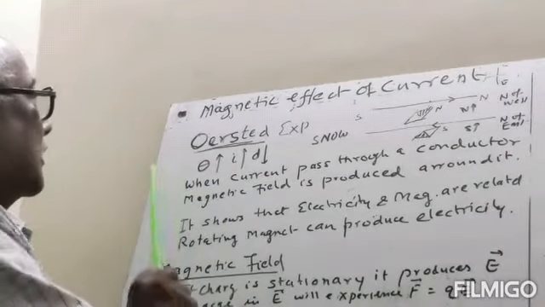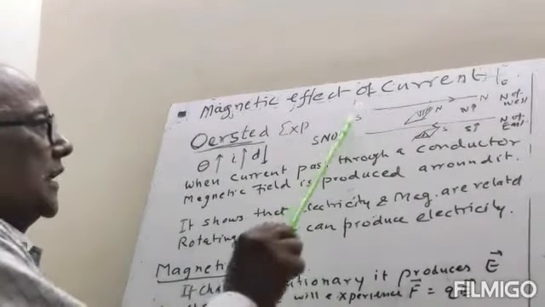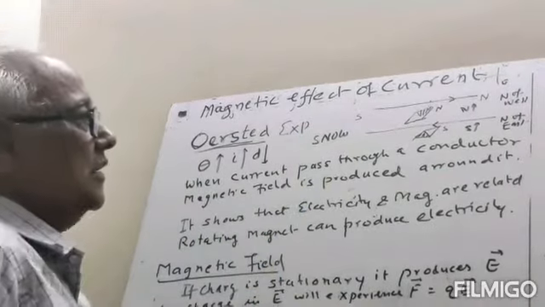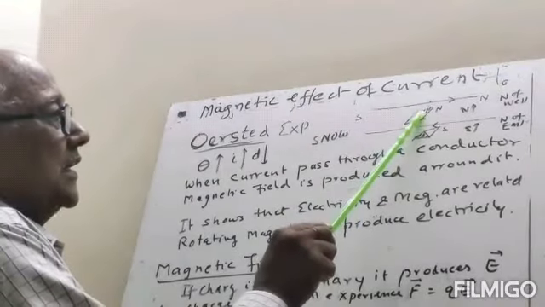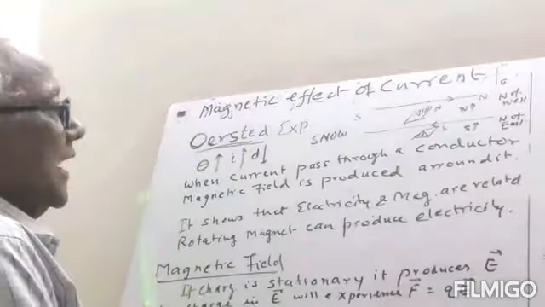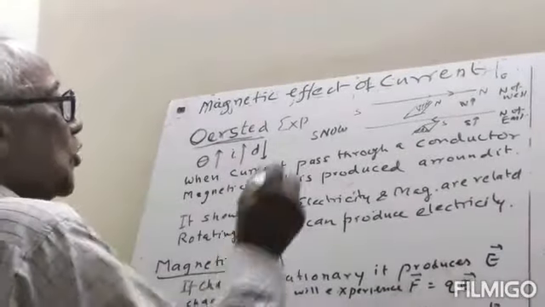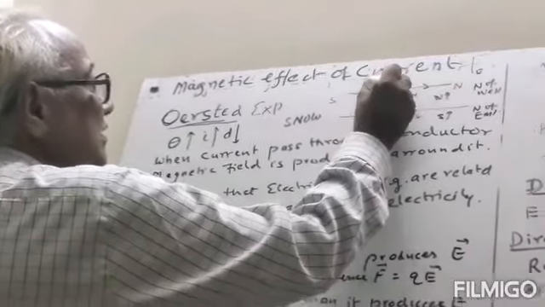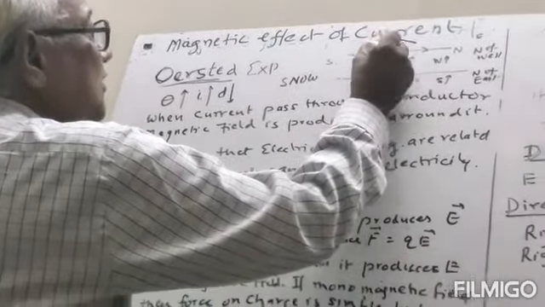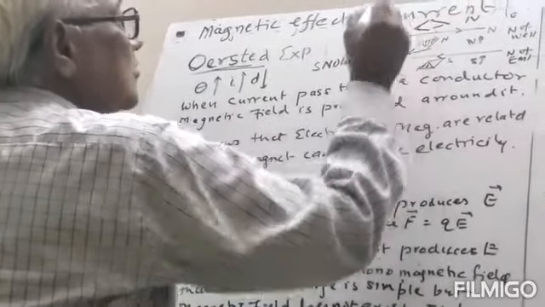Now Oersted did an experiment. He took a straight wire, and he put a magnetic needle here. When current was not flowing, the magnetic needle will show north south direction. This is the north direction and this is the south direction.